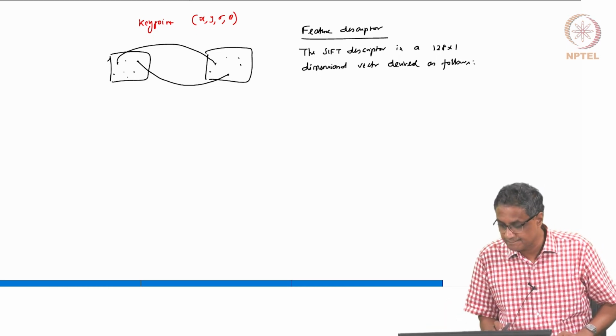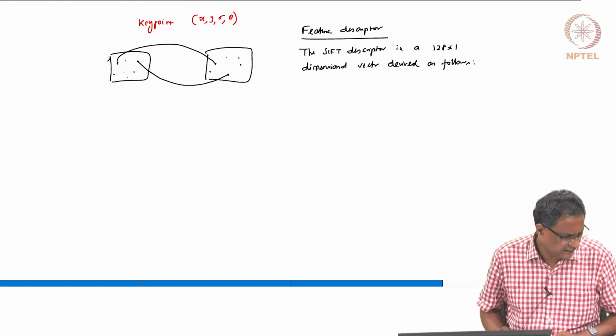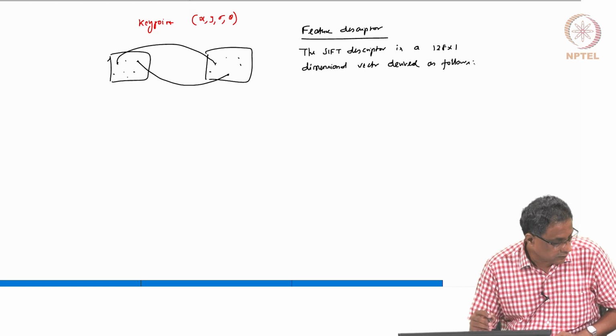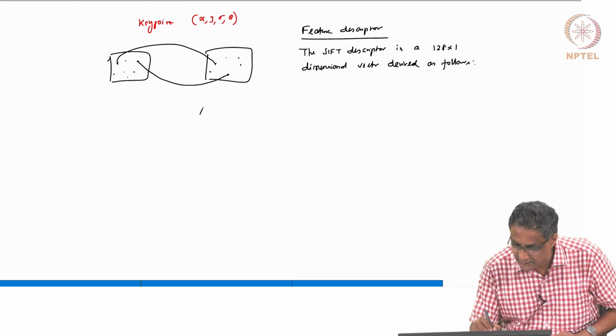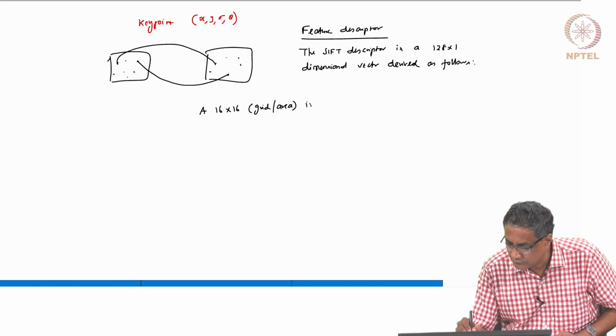Okay, now what do you do? You take a 16 by 16 area or grid, which is chosen. So it is like this.